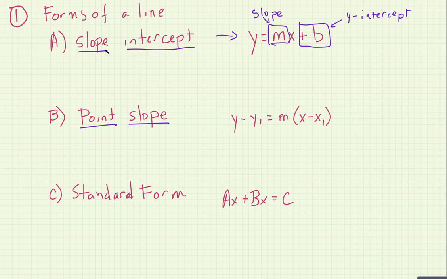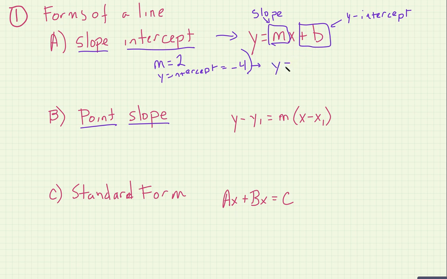Okay, so if I know that the slope of a line is 2 and the y-intercept is minus 4, then I can write the equation of the line by simply plugging in my m and my b like this.